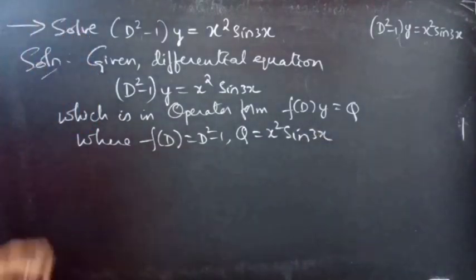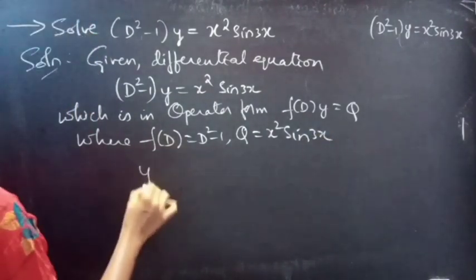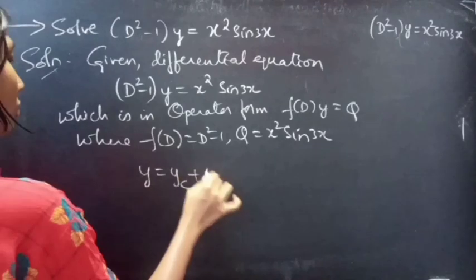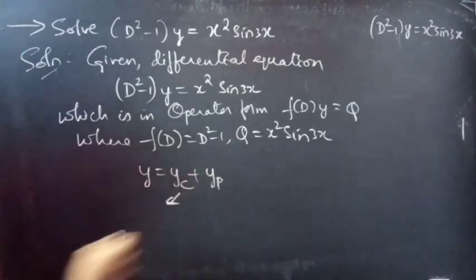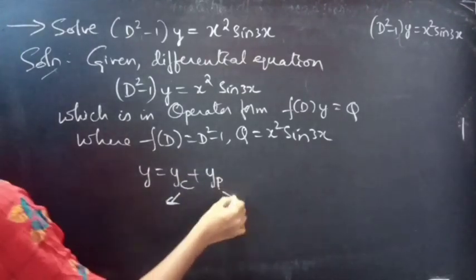Now we need to find the general solution to the given equation, which is given by y equals yc plus yp. Here yc is the complementary function and yp is the particular integral.